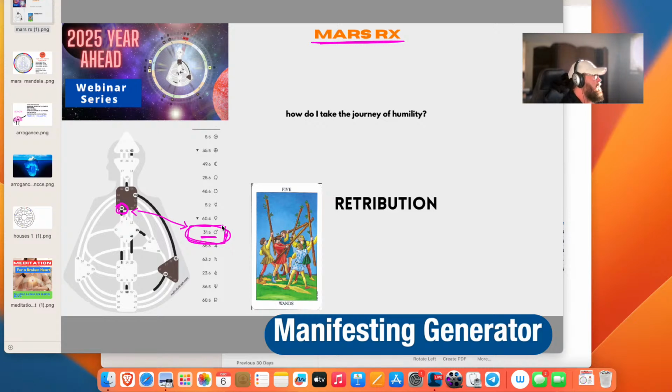So what is the manifesting generators need to know? Okay. And then what's the guidance for the manifesting generators? What is the guidance for the manifesting generators?